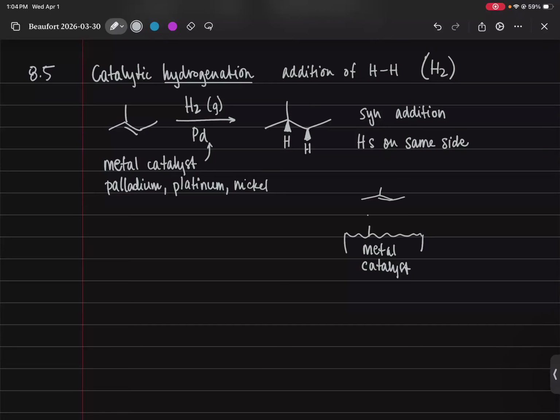But when you do that, you end up with hydrogens basically attached to the surface of the metal particles.